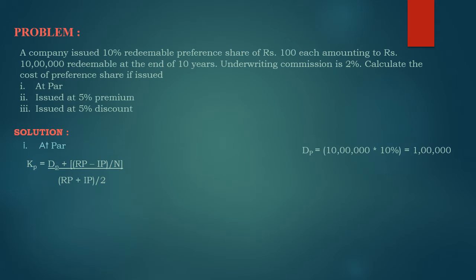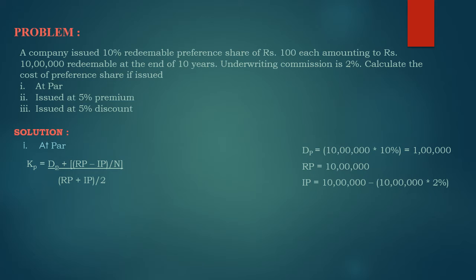So DP is the dividend, and the total value of redeemable preference share is 10 lakh and dividend rate is 10%. So by this, we can calculate the DP, and the value of DP will be 1 lakh. Then the next one is RP. RP is redemption price, and the total value of redeemable preference share is given, which is 10 lakh. So here the redemption price is also 10 lakh.